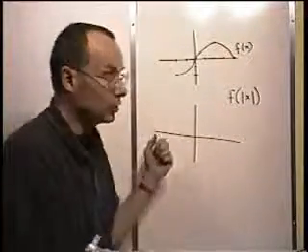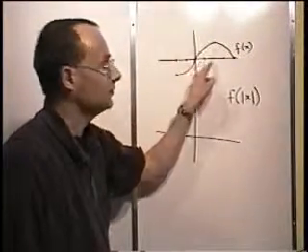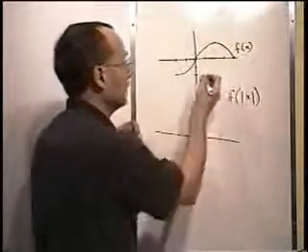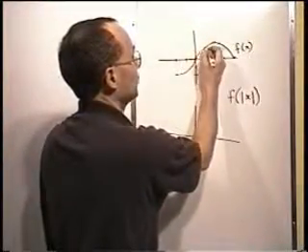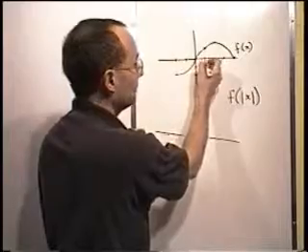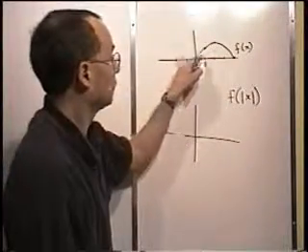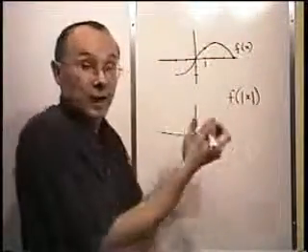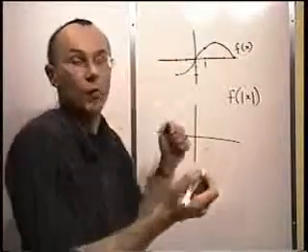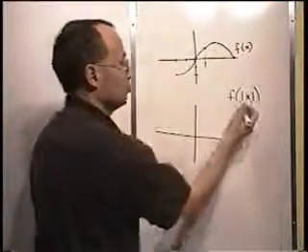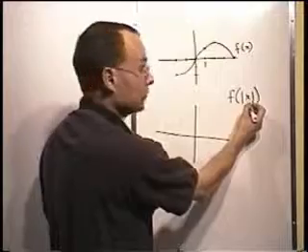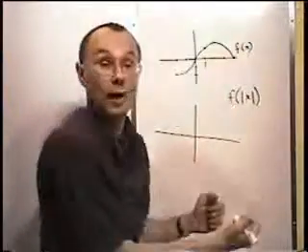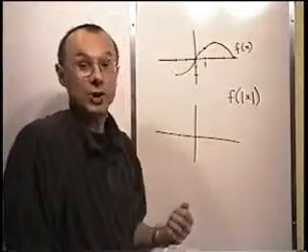Now, certainly when x is a positive number, for example, if I'm looking at this point here, when x is 1, we have a y value that looks like it's maybe a little bit bigger than 1. So when I put the 1 in here and I take the absolute value of that 1, it's not going to change at all.